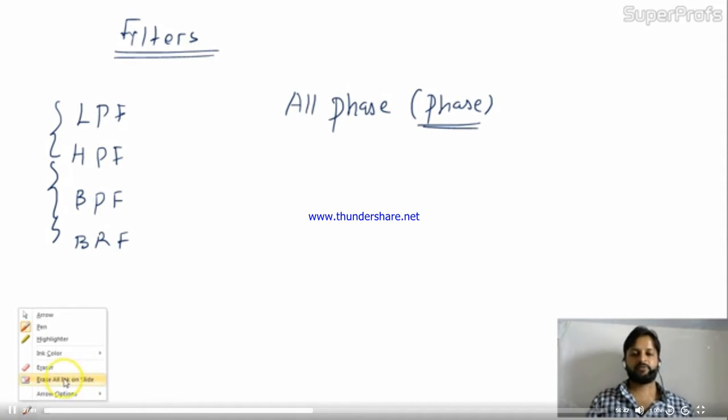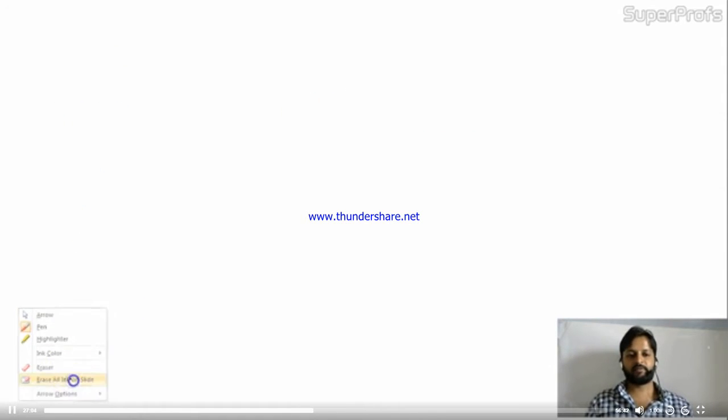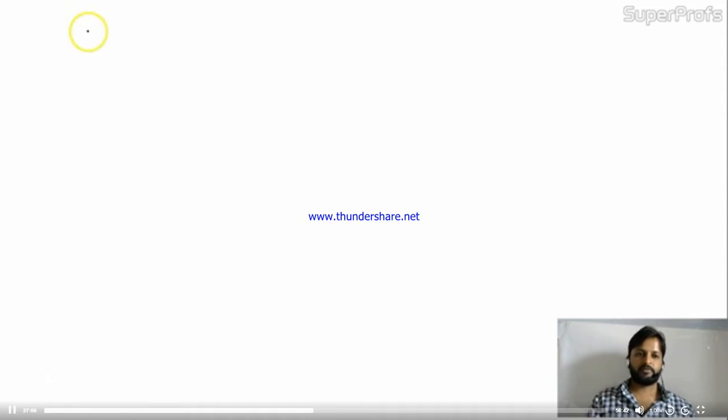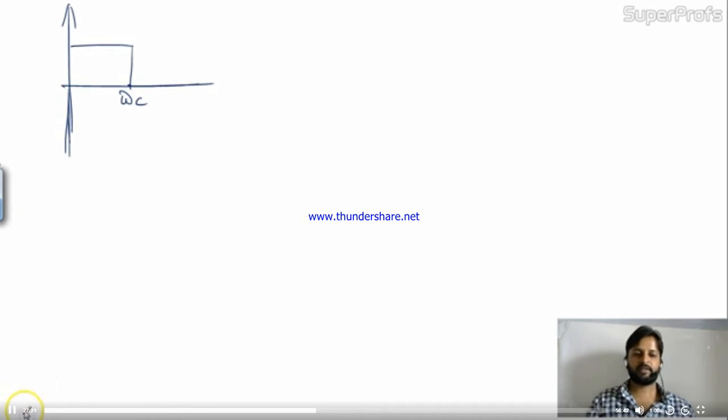And here I have to introduce the omega 3 dB concept. So the first one, please identify this. Which one is this? This is the LPF. This omega C is the cutoff frequency. This is the ideal, but in actual the graph will be, let me draw for all first, then I'll show you.